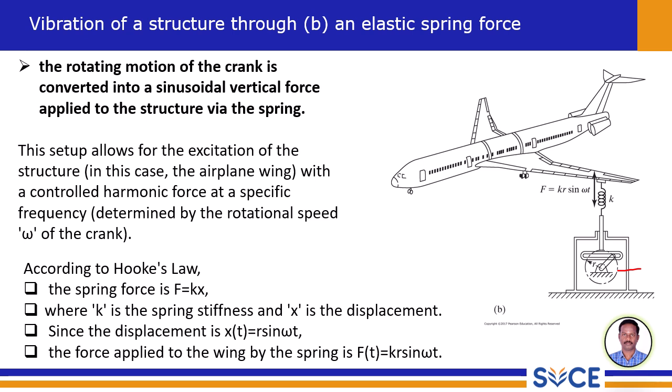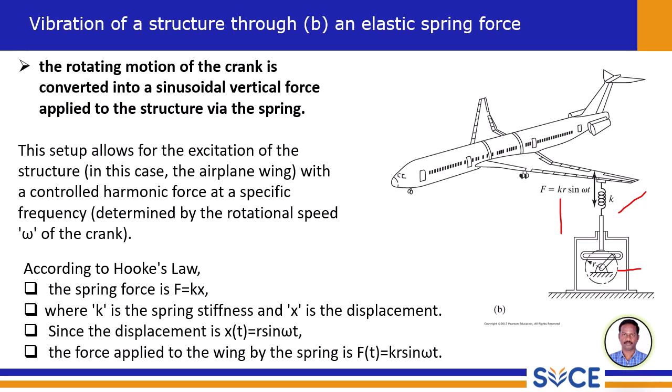This displacement is transmitted to the structure through the spring. In this case, the wing of an aeroplane is connected through the spring. This setup allows for the excitation of the structure with a controlled harmonic force at a very specific frequency. This frequency is directly determined by the rotating speed, denoted omega, of the crank which is driving the Scotch yoke.